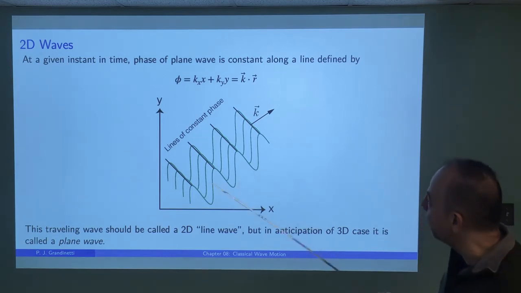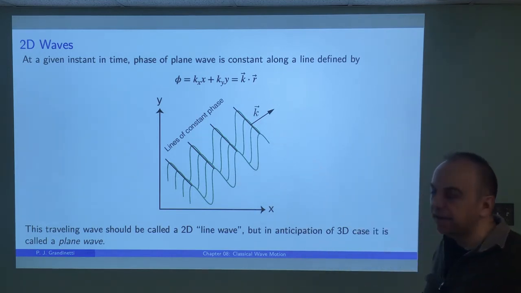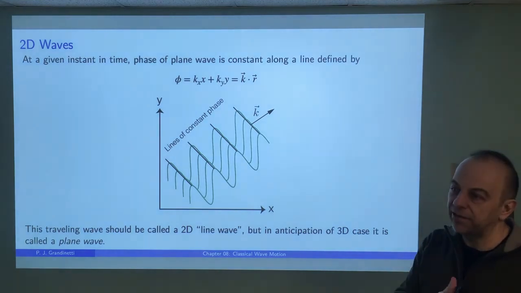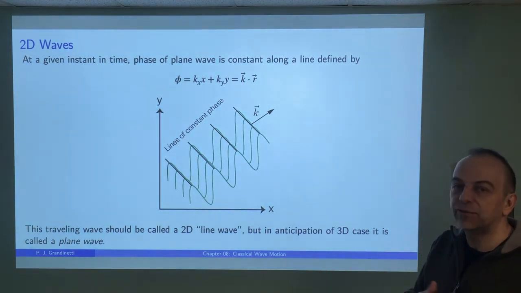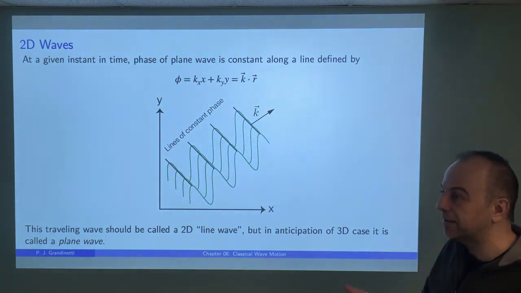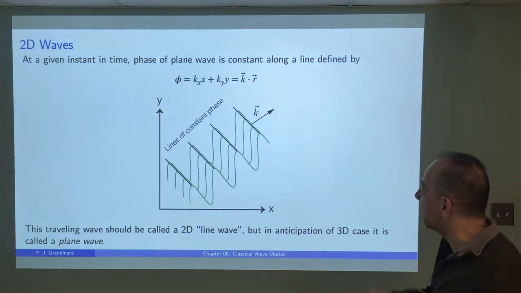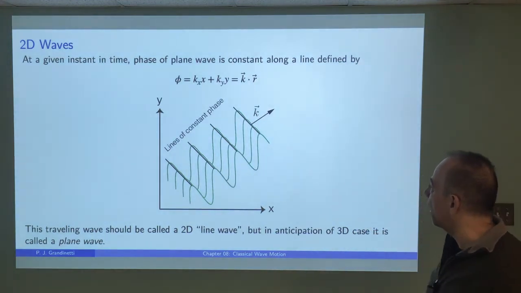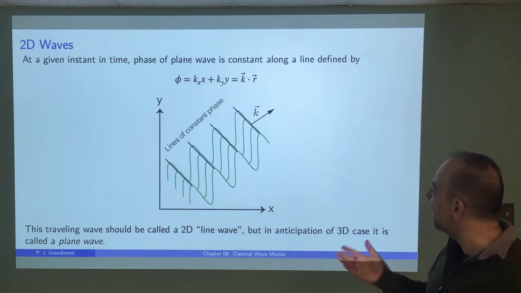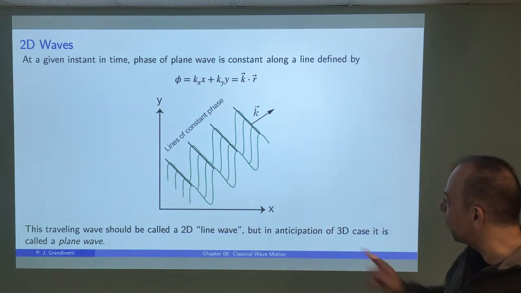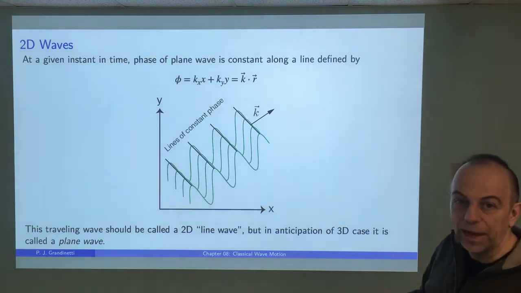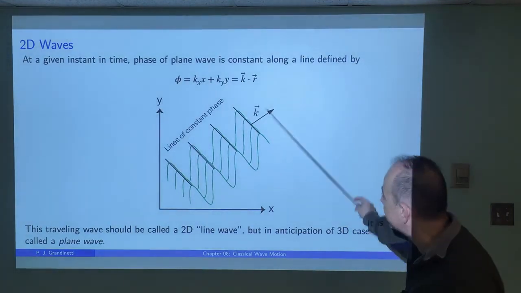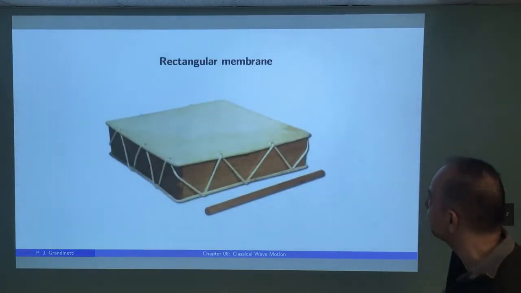So this is an important concept then, that k now goes from 1D of telling us whether the wave is going left or right and what the wavelength associated with it is, to now telling us that we have a sinusoidal wave in multiple dimensions that now has a direction and also a wavelength. And they're all contained inside this vector quantity.